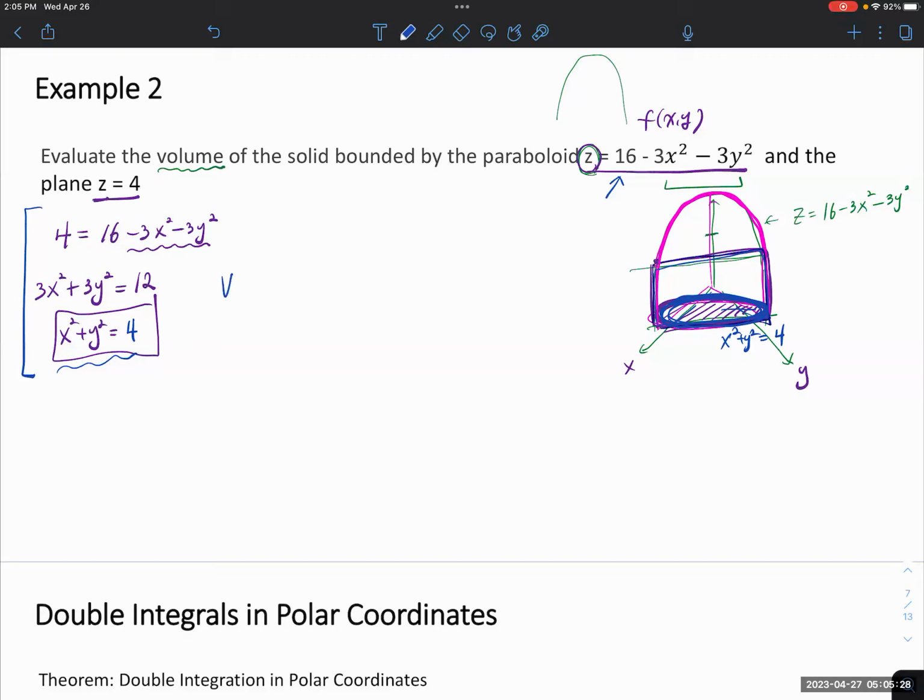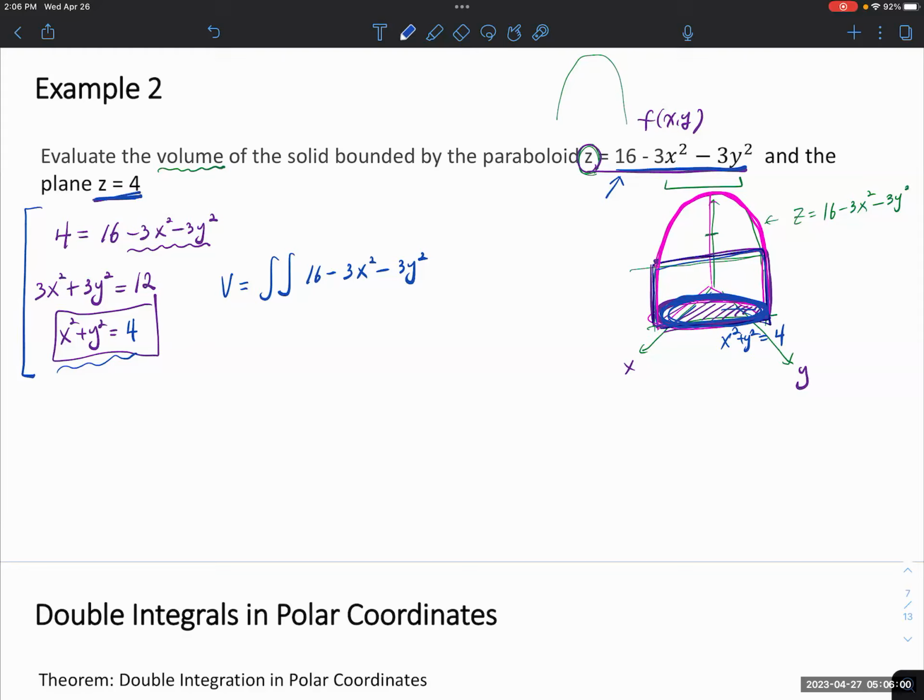We are looking for the volume. And this is f of x, y. So we have 16 minus 3x squared minus 3y squared, and then we also have a 4. So we have to think about it a little bit. This is f of x, y, but we also have to consider this is equal to 4.